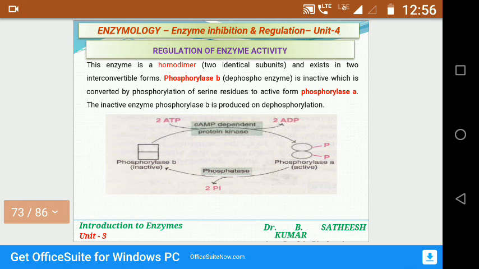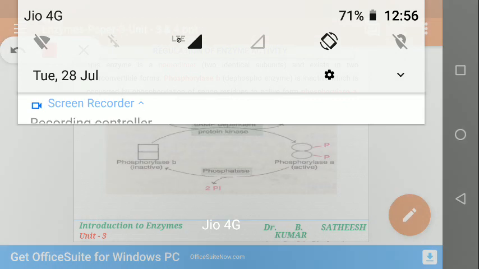Here the glycogen phosphorylase, which is synthesized by the cell, will be in inactive form. Whenever the cell requires glucose for the energy supply, then only the glycogen phosphorylase will be activated. When we look at the structure of glycogen phosphorylase, we have a homodimer structure.